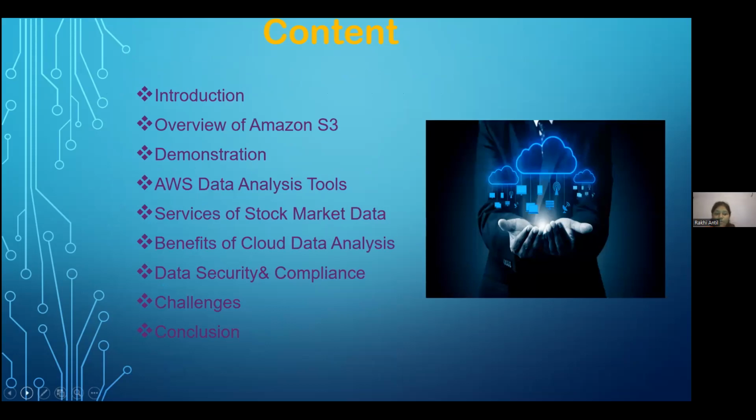First is introduction, then overview of Amazon S3, demonstration part, AWS data analysis tools, services of stock market data, benefits of cloud data analysis, data security and compliance, challenges, and last is conclusion.